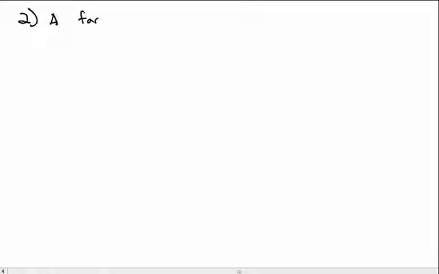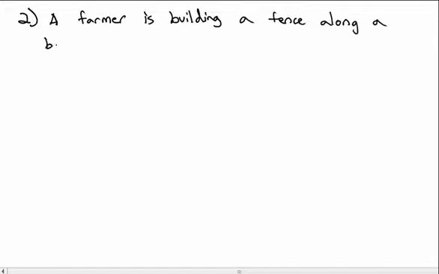Let's say a farmer is building a fence along a barn with two sections, as shown. So here's the barn.